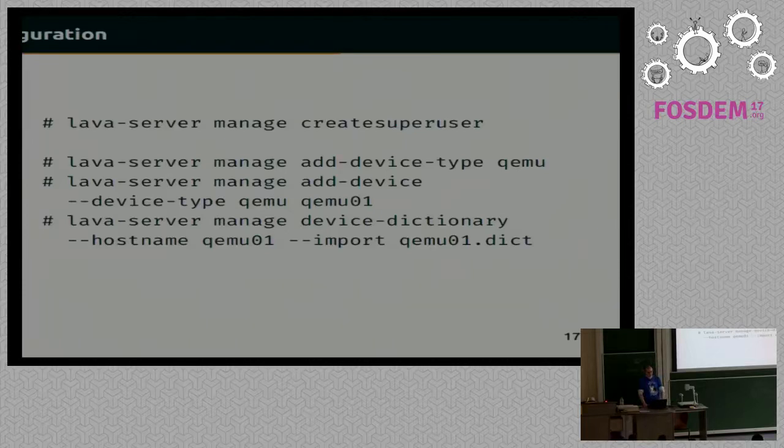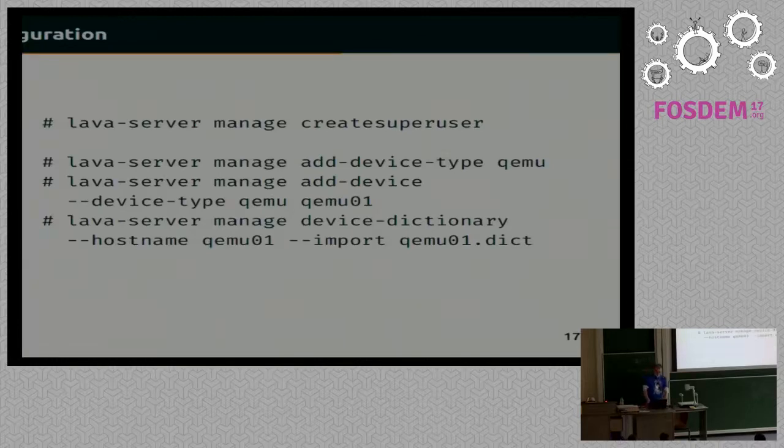Actually, 2 more things are to be done to have the whole system fully operational. You'll have to assign a worker for your device and define a health check so that Lava can always verify that the device is fully operational.